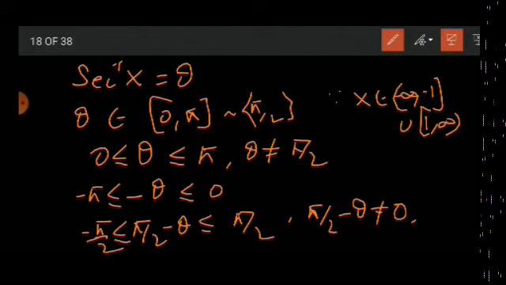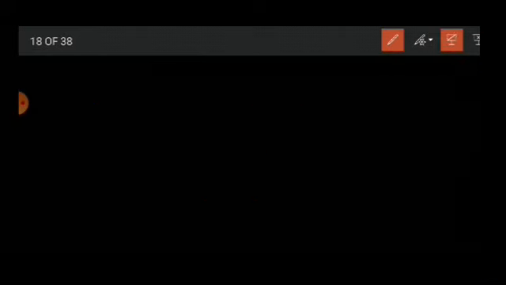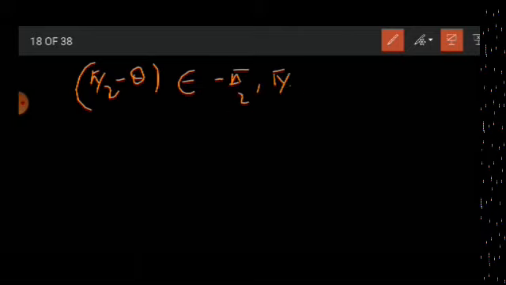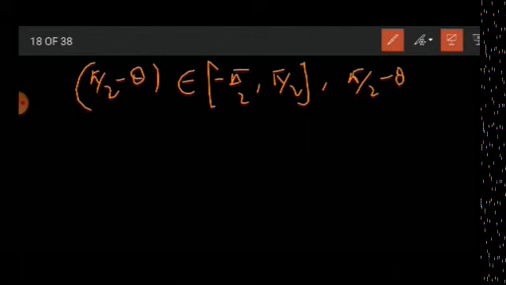You can copy this, and let me go to another page. So finally we conclude that pi by 2 minus theta lies between minus pi by 2 and plus pi by 2, closed interval, and besides, pi by 2 minus theta is not equal to 0.